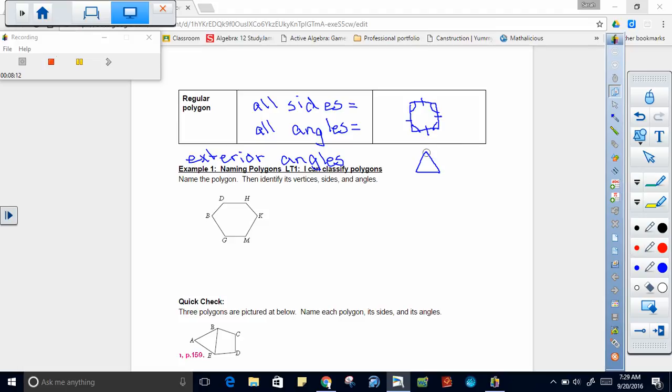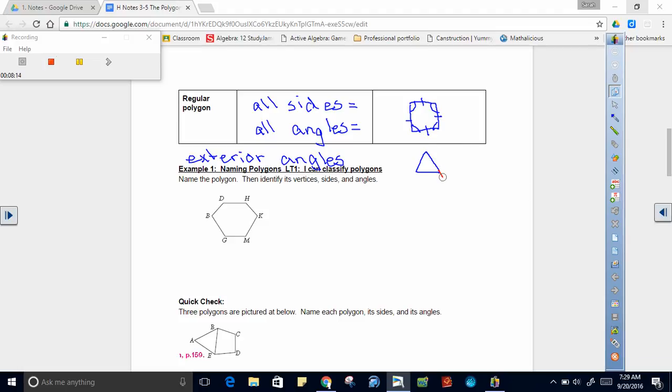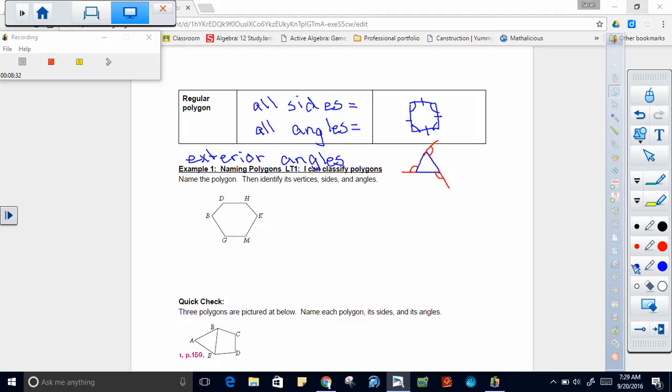So this segment would be extended. Here's an exterior angle. This bottom side would be extended, creating an exterior angle. This side would be extended, creating an exterior angle. Those red angles are what would be classified as exterior angles.